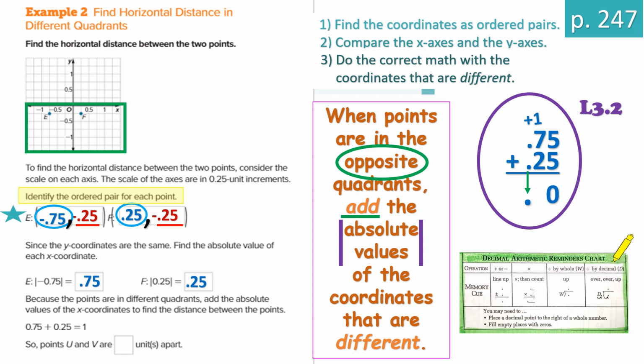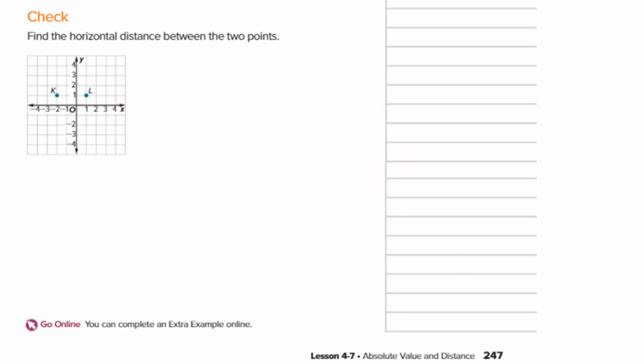And 5 plus 5 is 10, put down my 0, carry my 1. 7 plus 2 plus 1 is 10, put down my 0, carry my 1. 1 plus nothing is 1. So what we're seeing is that my final answer is just going to be 1 unit apart, right? We don't need 1.00 because we don't say 1 and nothing units. It's just 1 unit.